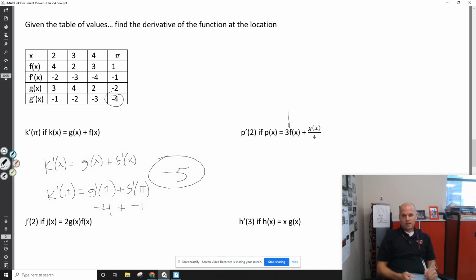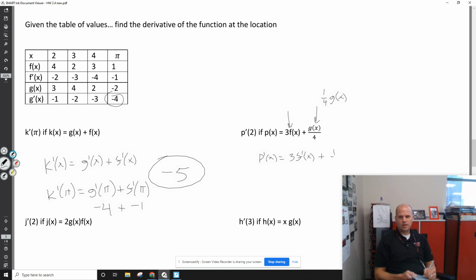If you have a constant times a function, the constant multiple rule still applies. You don't have to use the product rule here. You don't have to use the quotient rule here. You rewrite this as 1/4 times g. This stays as 3 times f. The derivative of this is just 3f prime.